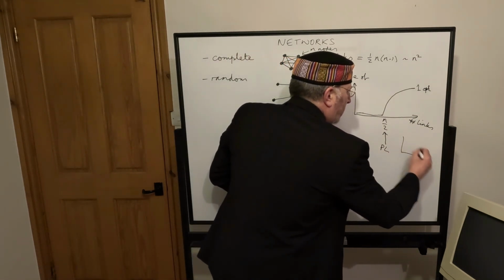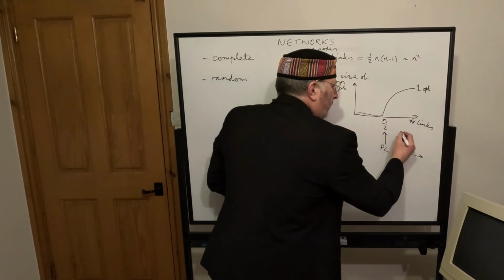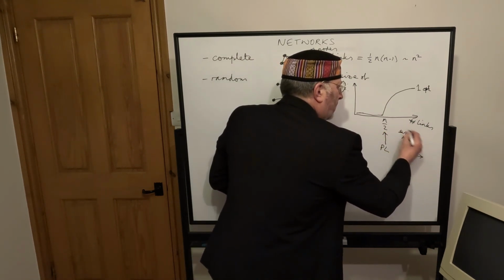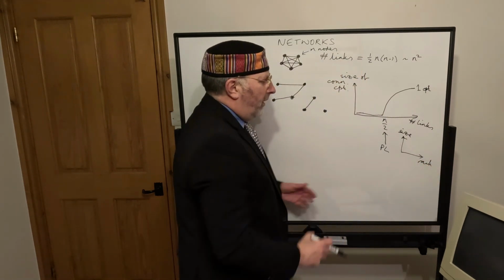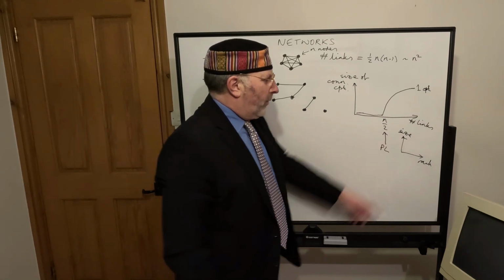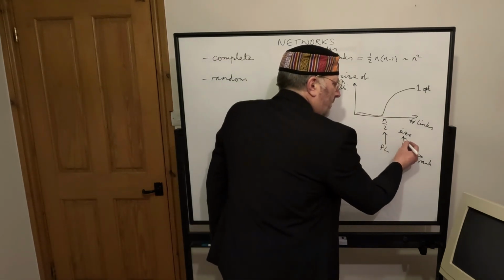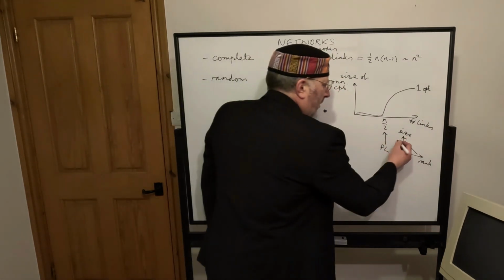So if you did a rank size plot of the components, size against rank, in other words the largest connected component in the network is rank 1, and the second largest is rank 2, you would find a power law. This is a log-log plot.